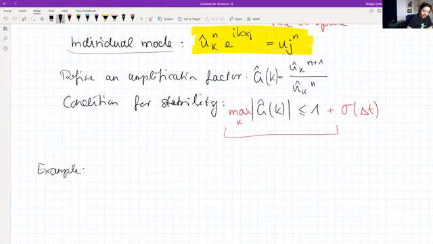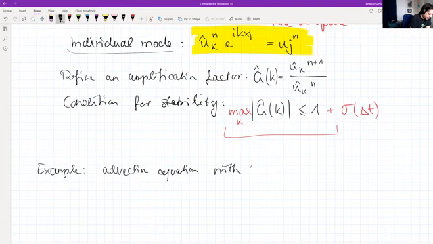Of course, I guess you guess it by now. The example that we would look at is the advection equation with the forward time, backward space discretization.